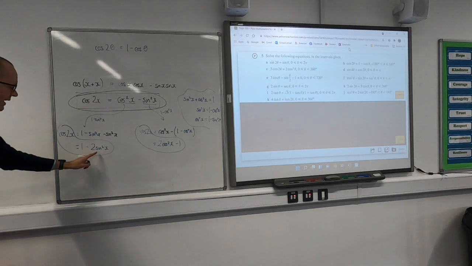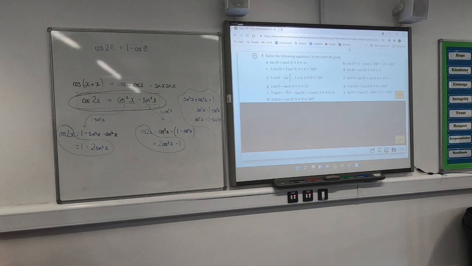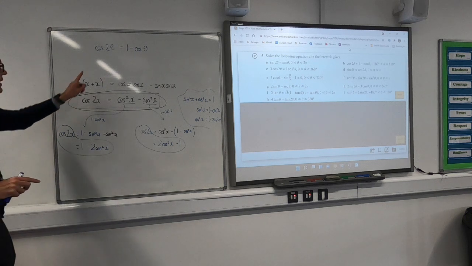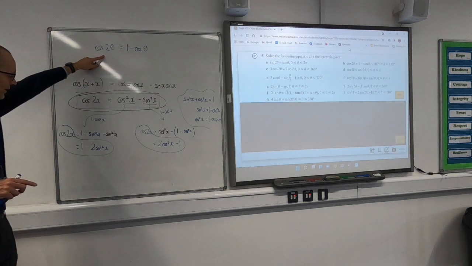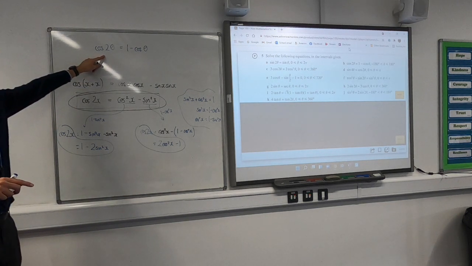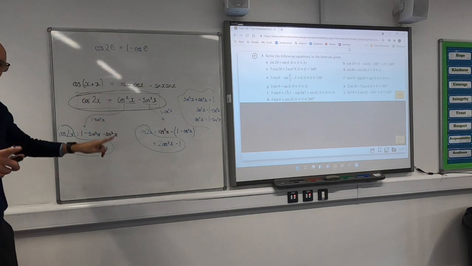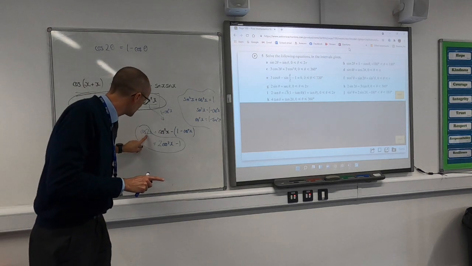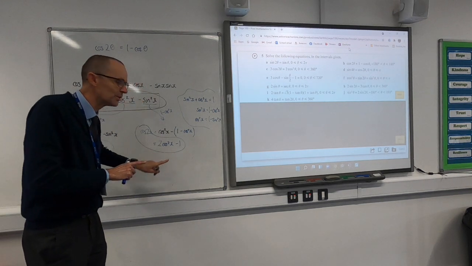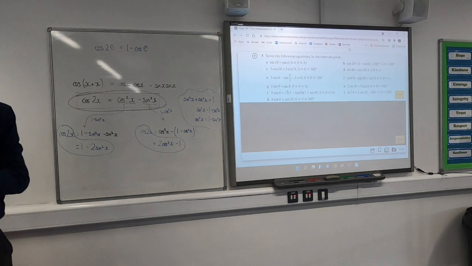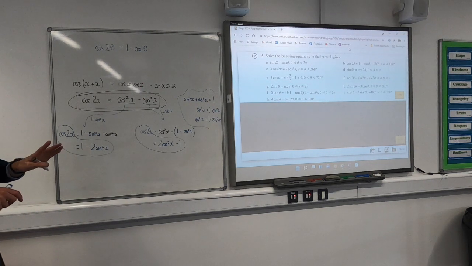I've got this way, which is all to do with sine. Well, if I replaced that with 1 minus 2 sine squared theta, I'd have an equation with sine squared and cos. Not very useful at all. We've got a third way, which takes cos 2 theta and writes it in terms of cos squared. Now that's a bit more promising, isn't it?